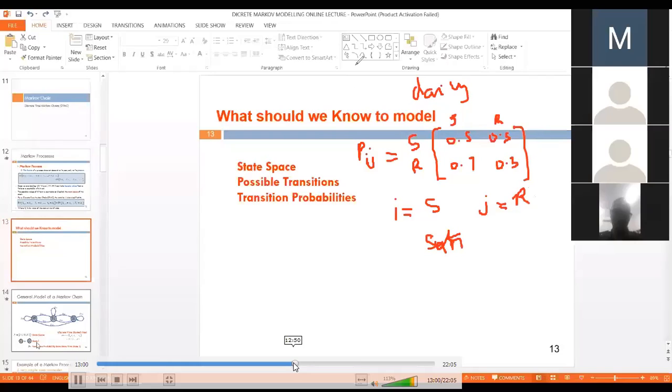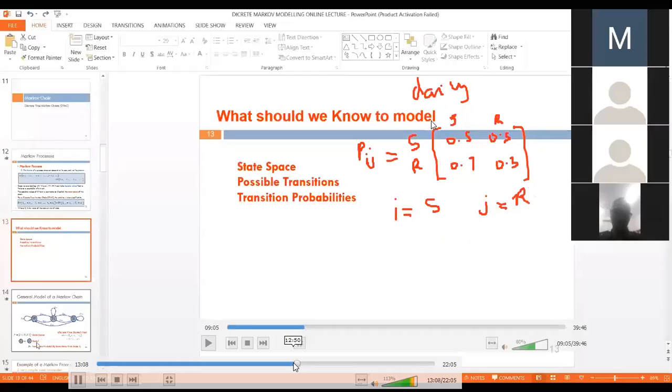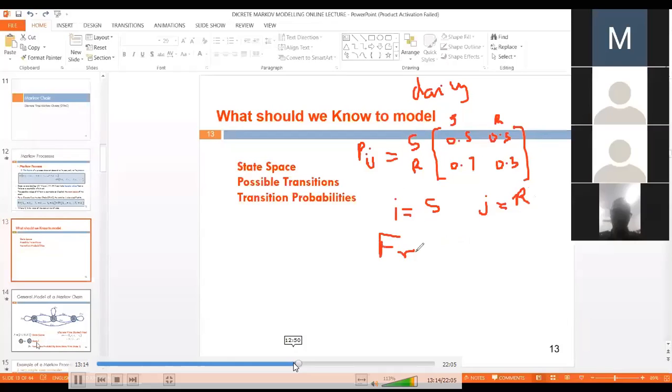Okay. So if that is the case, if we are transiting from Friday to Sunday, between Friday and Sunday we have Saturday. So Friday, Saturday, and what? Sunday.